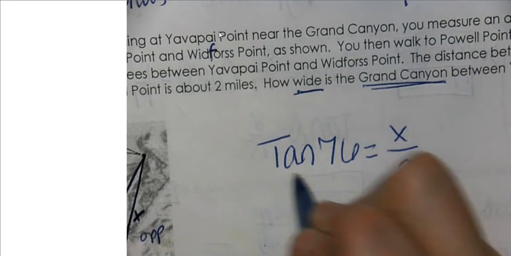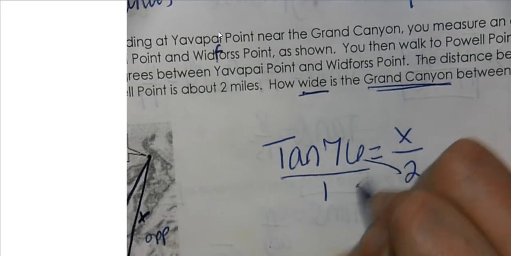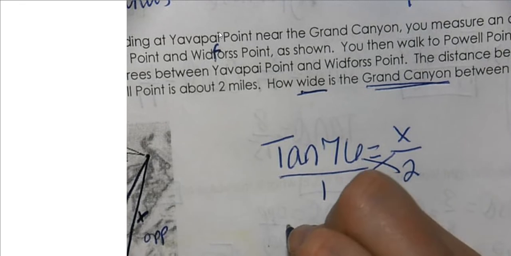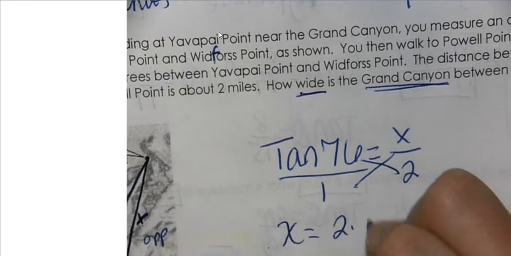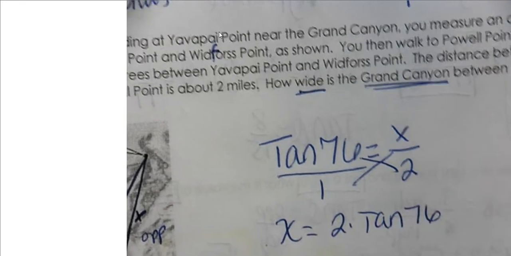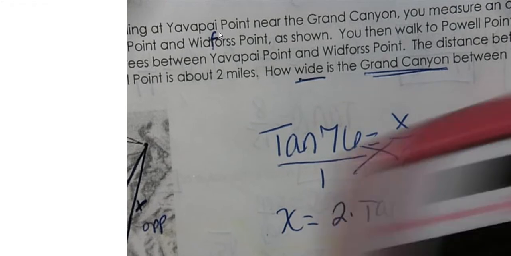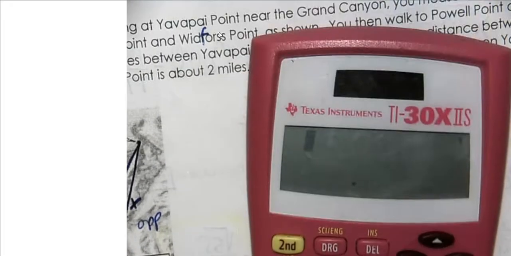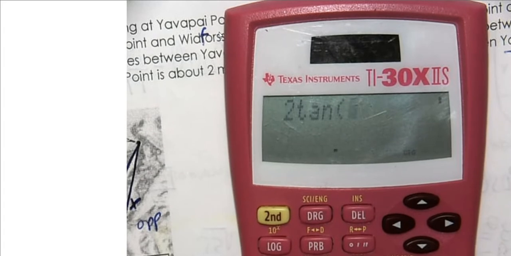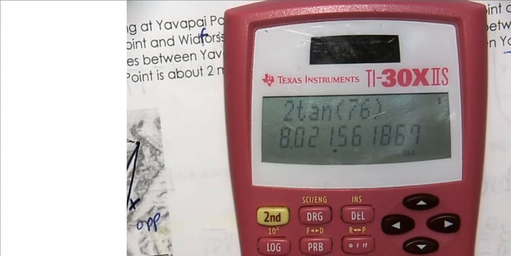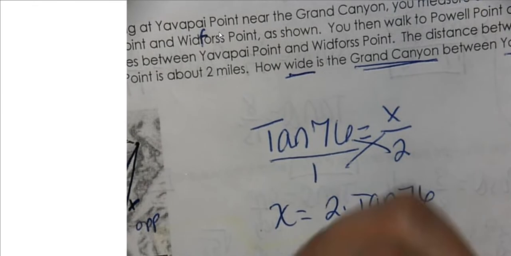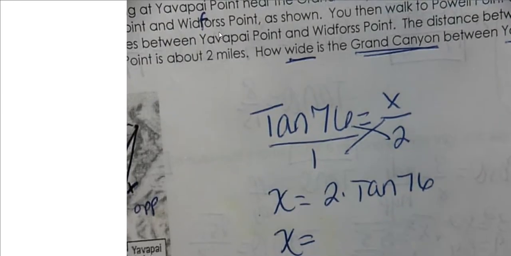So now I'm going to make tangent of 76 go over 1, and now I'm going to use cross product. And when I do that, I end up with x is equal to 2 times the tangent of 76. So I'm going to put into my calculator 2 times the tangent of 76, and I end up with 8.02. They didn't tell us how we were supposed to round, but we typically round to the nearest hundredths.